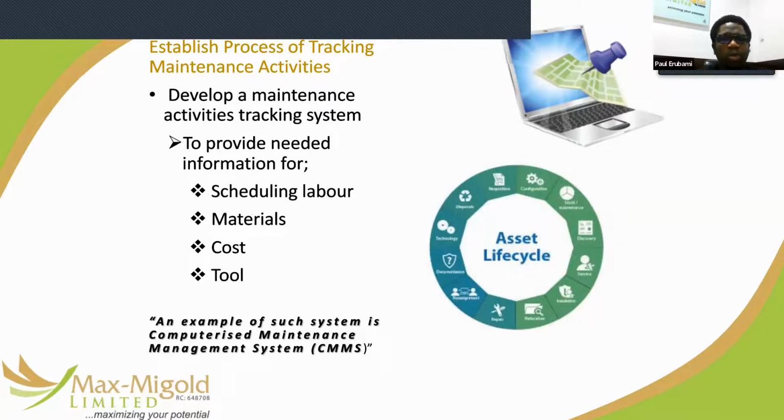If you are able to create a tracking mechanism for each maintenance activity where you know how long a particular activity should take by some estimates, which you work with the technicians to put together, it will be easy to get more done because everybody now knows what to expect from each other. If I'm working on an air conditioner, I'm supposed to service the air conditioner in 20 minutes, for example.